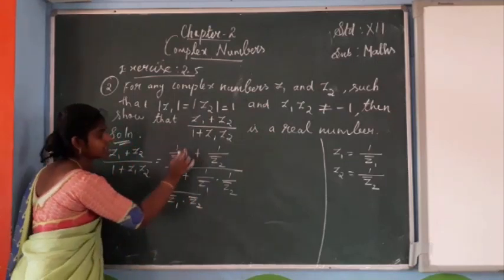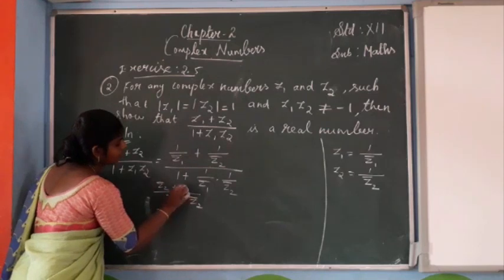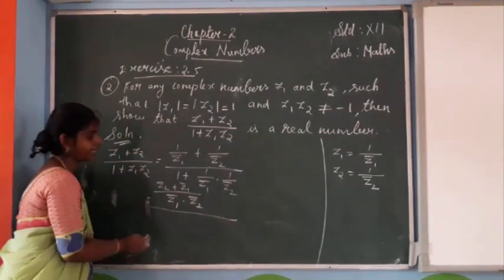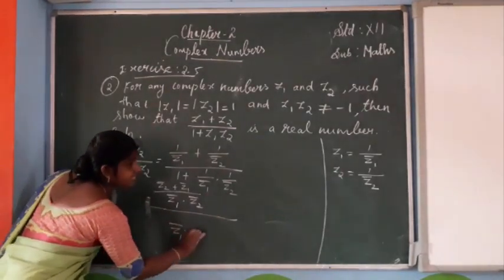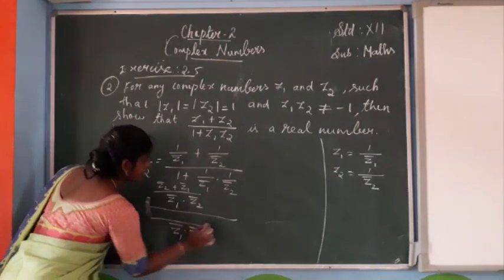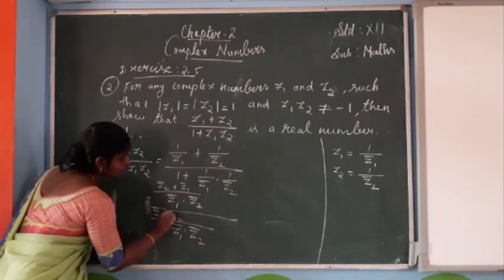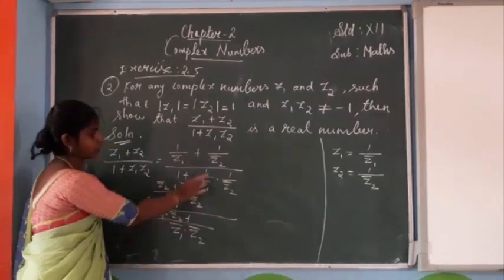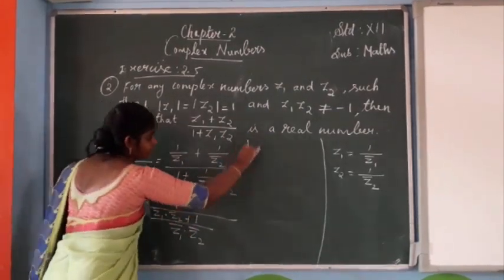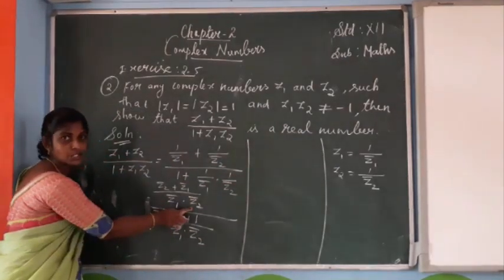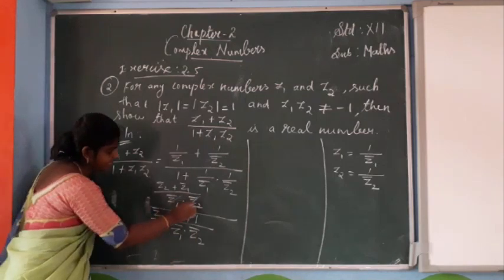Cross multiply this. So Z2 bar plus Z1 bar, the whole divided by, here also LCM is Z1 bar into Z2 bar. So Z1 bar into Z2 bar plus, if you cross multiply, you will get here 1. So Z1 bar into Z2 bar, here also Z1 bar into Z2 bar, we can cancel these terms.